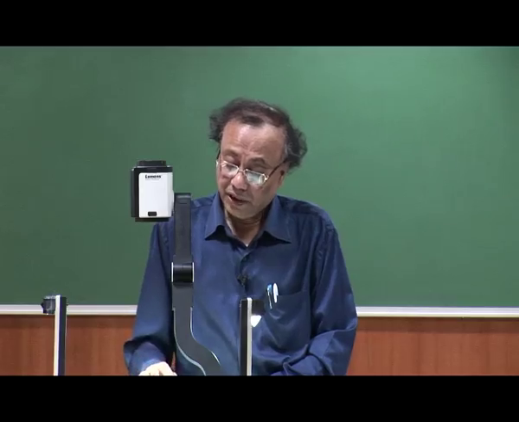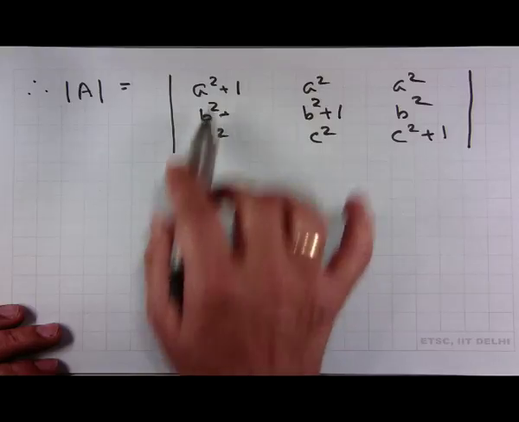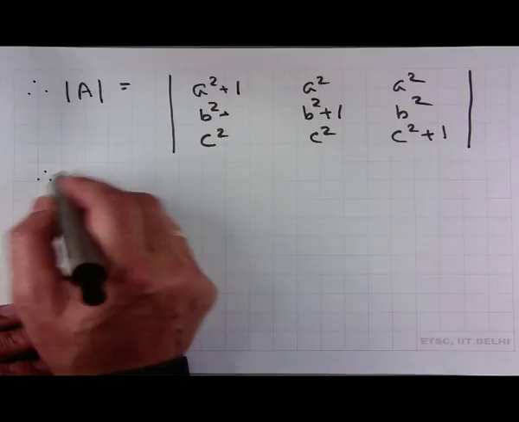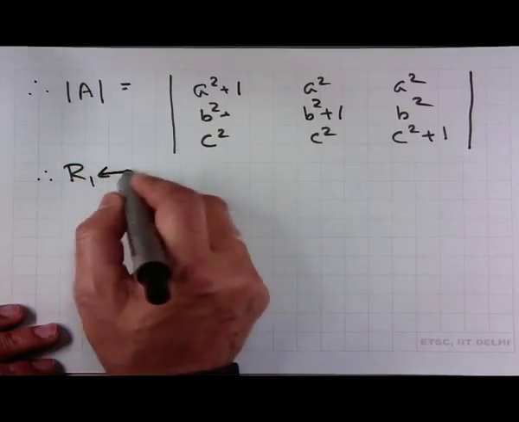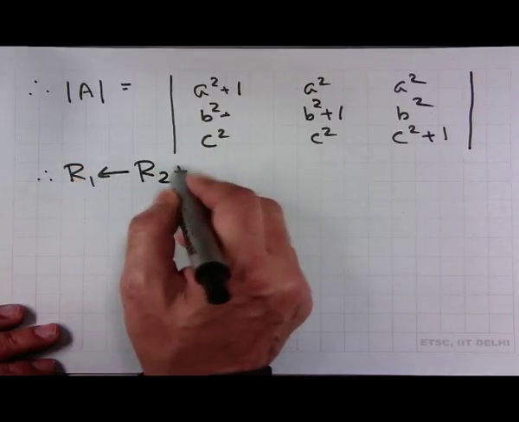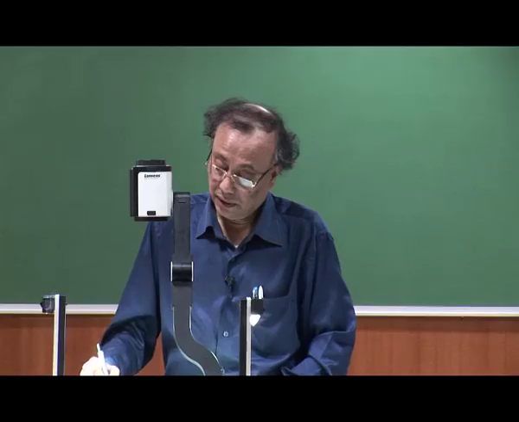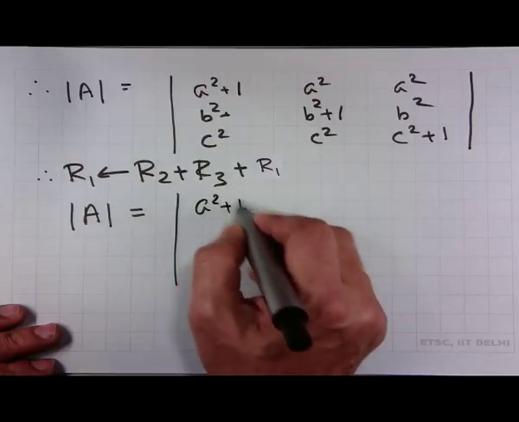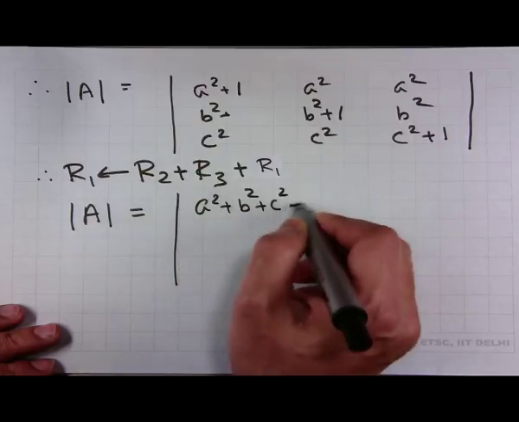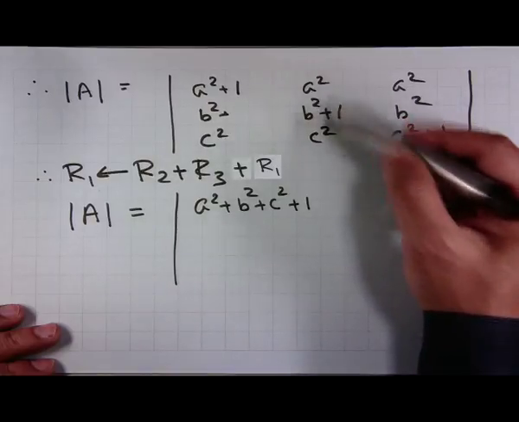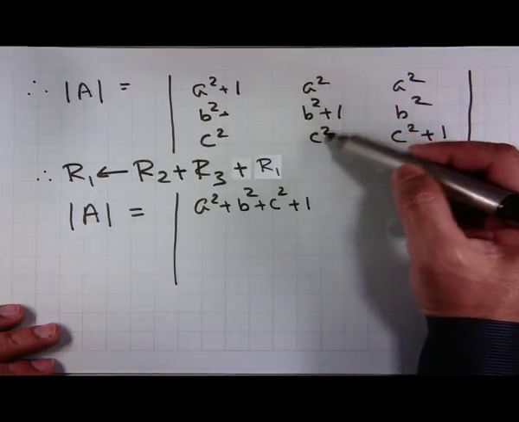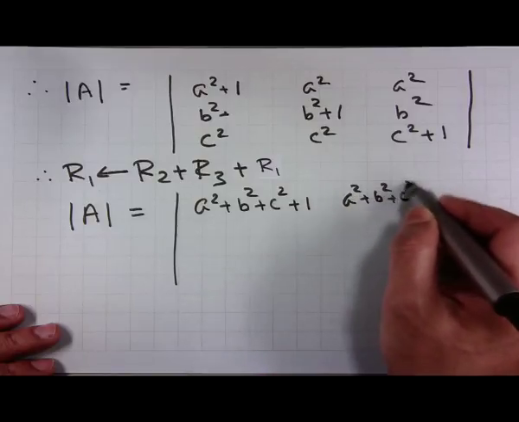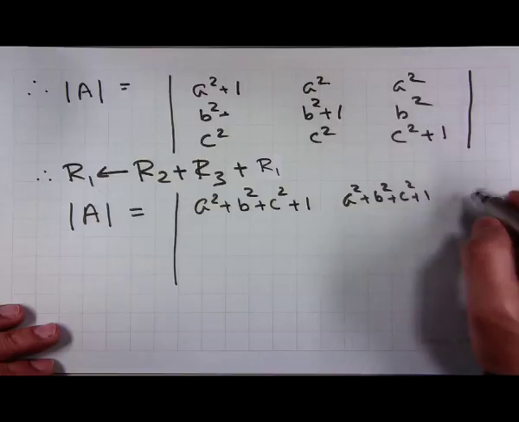So, what we will do, I will rather add row 2 and row 3 with row 1. Therefore, R1 goes to R1 plus R2 plus R3, which will give us determinant of A is equal to a square plus b square plus c square plus 1 here, and here also we will get the same thing.